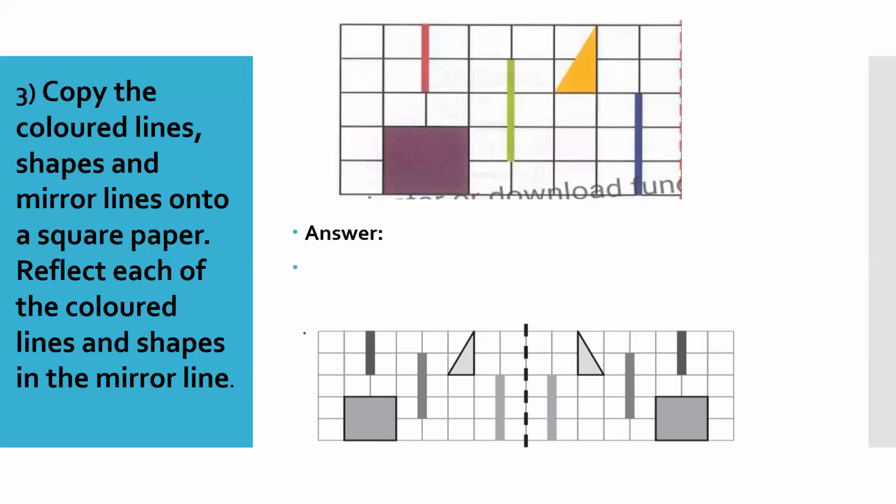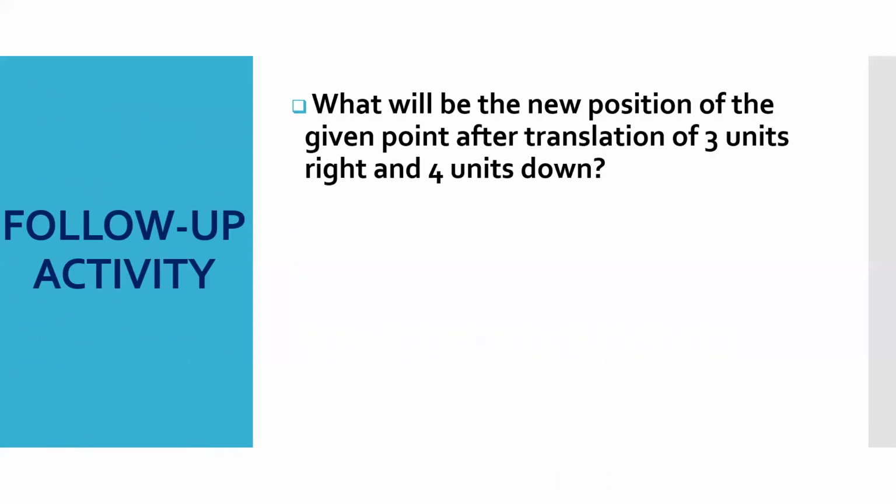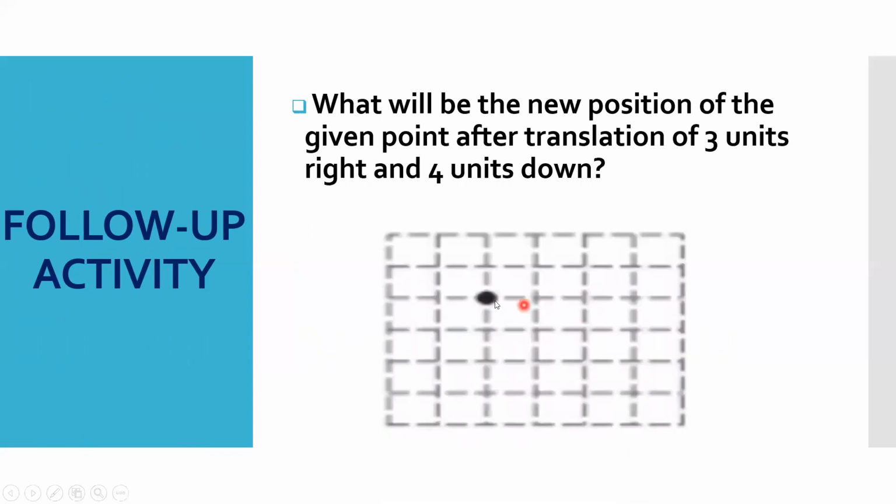So hope you understand the application level of questions. Now it's time for your follow-up activity, and the question is here. What will be the new position of the given point after translation of 3 units right and 4 units down? So this is the image and this is the point. You need to find the new position of this given point after translation of 3 units right and 4 units down.